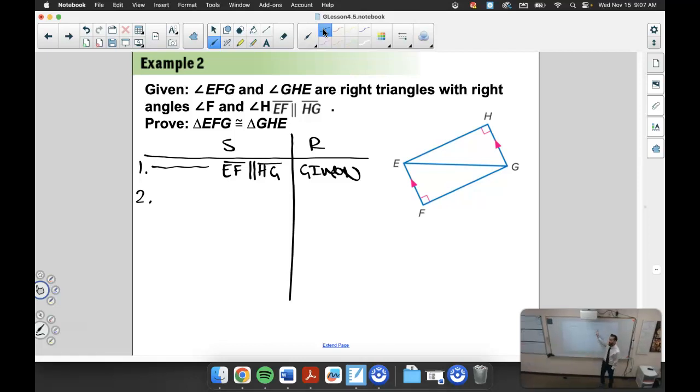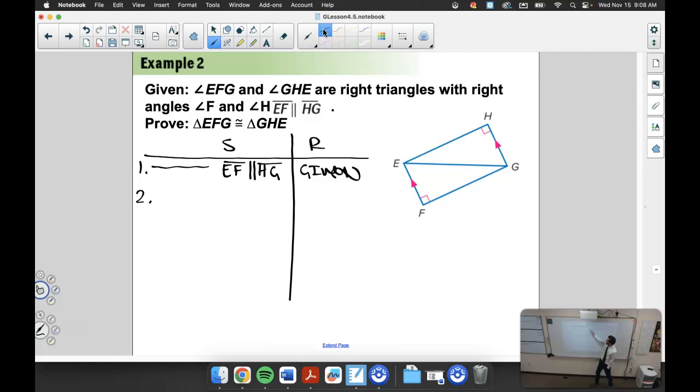Okay, I've got right angles. They're right triangles, which means there's right angles. So could I say those angles are congruent? Yes. So that's on the table if I want to go that route. Maybe I want to use one of the shorter versions. Since they already tell me they're right triangles, I could use HA, LA, LL, or HL, right? So you've got those.